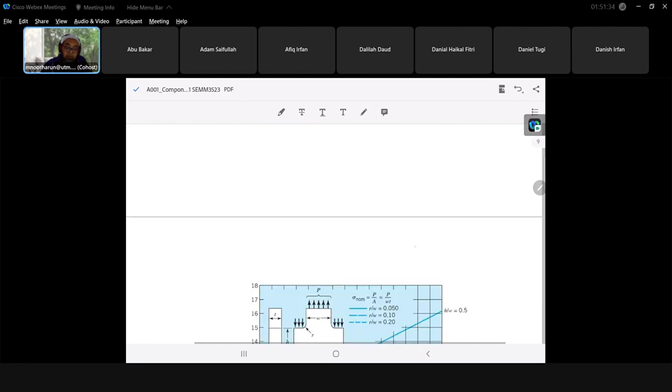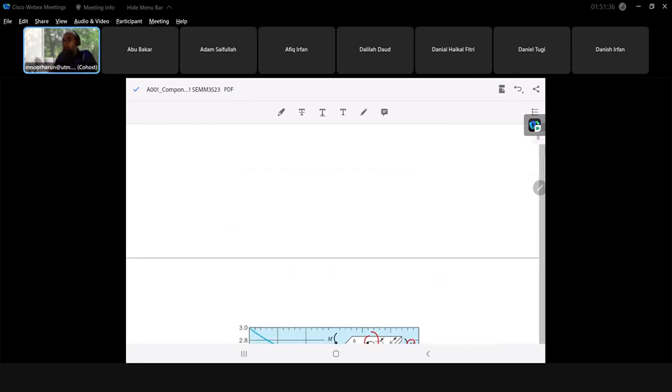So you have to choose correctly, first the shape, and also the load applied.